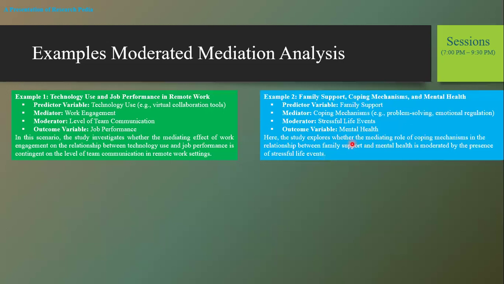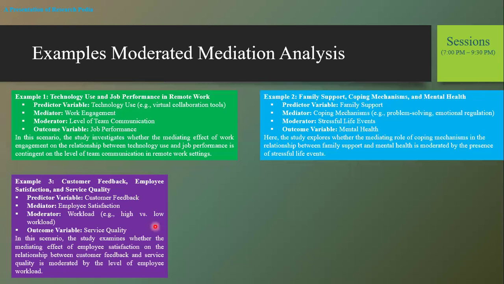Here the study explores whether the mediating role of coping mechanism in the relationship between family support and mental health is moderated by the presence of stressful life events. So if stressful life events are there, how your moderator changes the relationship, in terms of direction, for explaining the impact of family support on mental health.